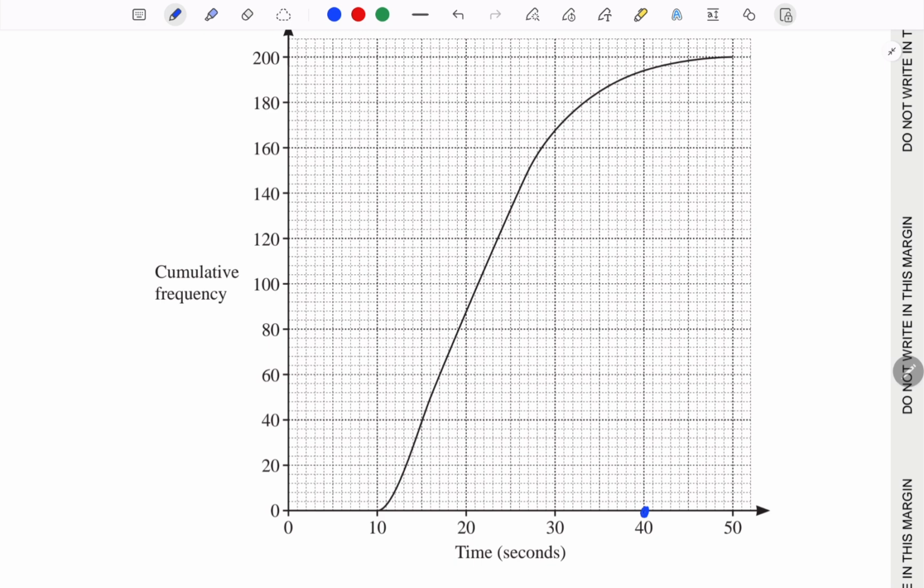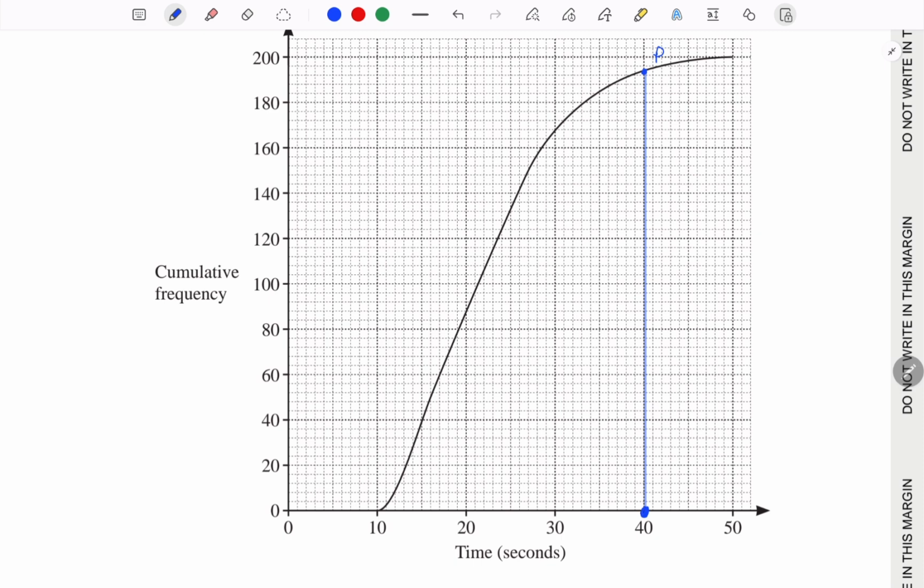For that, we will draw a perpendicular line passing through 40 and meeting the graph. This is the line. Now this line is meeting the graph at this point. Let's call this P.